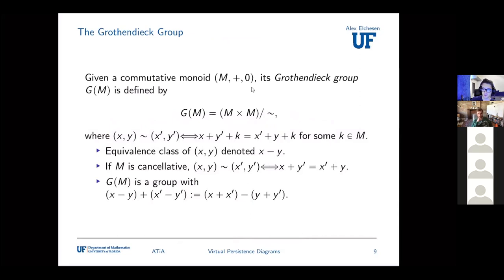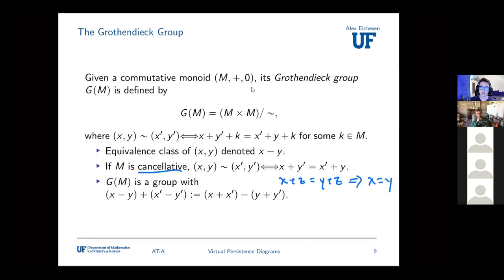In most of the settings that we care about, your monoid is cancellative, meaning x plus z equals y plus z implies x equals y. If your monoid is cancellative, then this equivalence relation reduces to: (x, y) is equivalent to (x', y') if and only if x plus y' equals x' plus y.